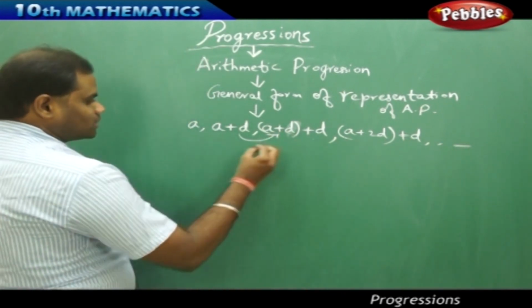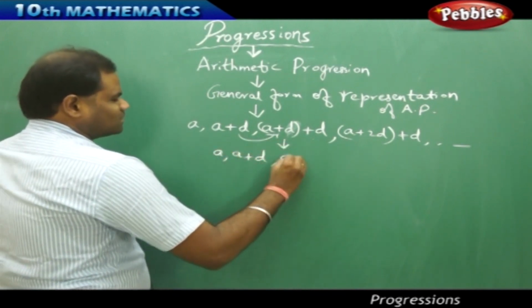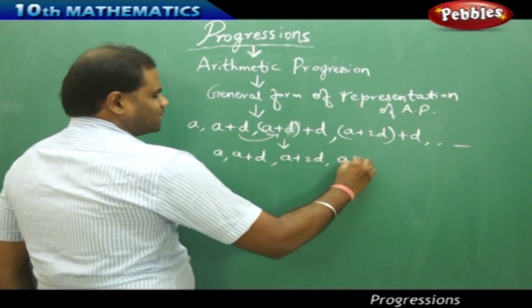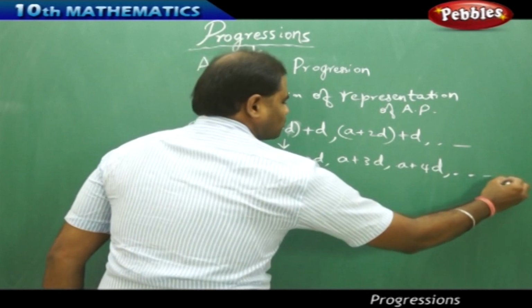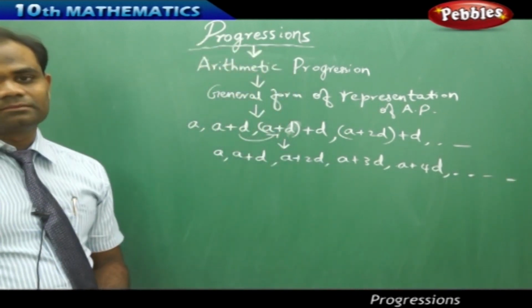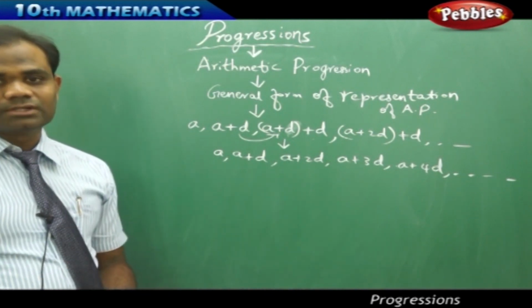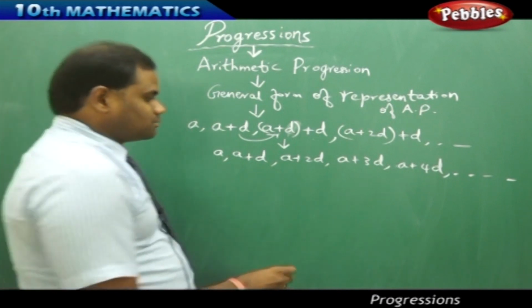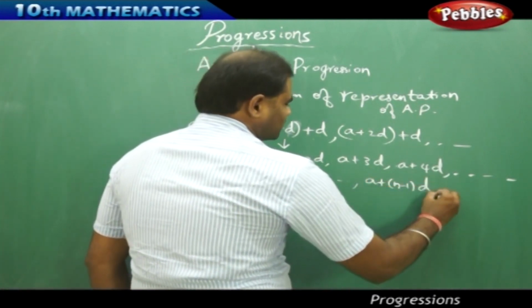So on further modification this gives me a plus d, a plus 2d, a plus 3d, a plus 4d, and so on and so forth, is how we get the pattern. But it cannot have infinitely many terms, because if I say it is the first n terms, then it reduces to a plus n minus 1 times d.